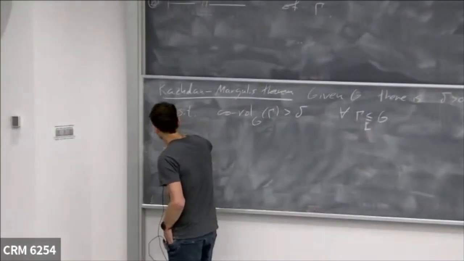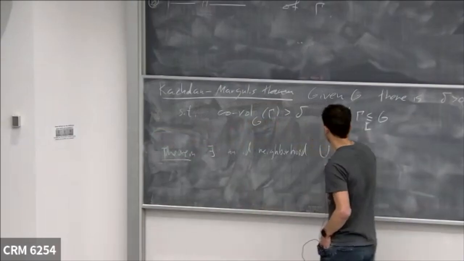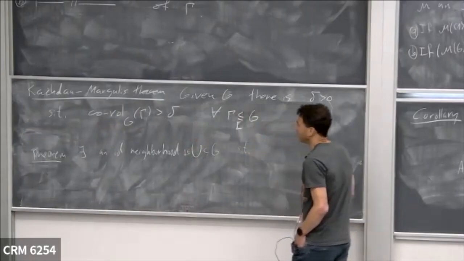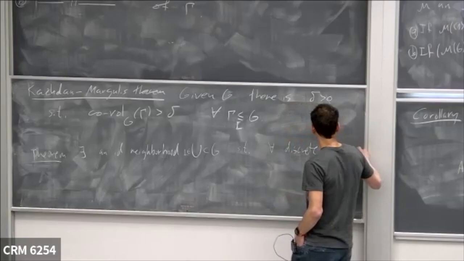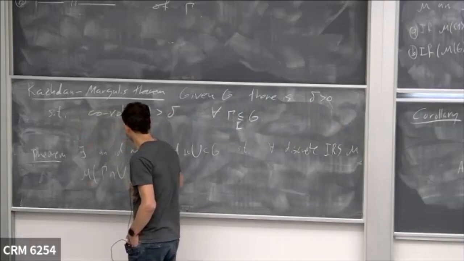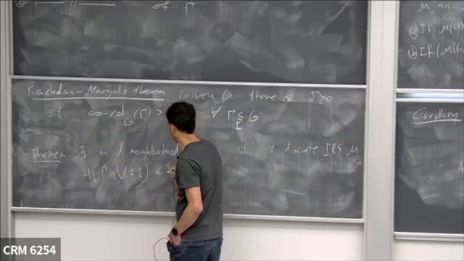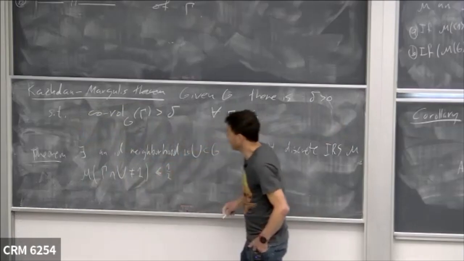Here is the proposition: there is an identity neighborhood U of G such that for any discrete IRS mu, the probability that a random subgroup intersects U non-trivially is smaller than half.